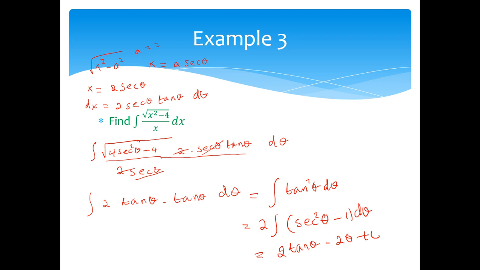And then when we do substitution as well, we should get at the end something like square root of x squared minus 4 over 2, minus 2 secant inverse of x over 2 plus c.